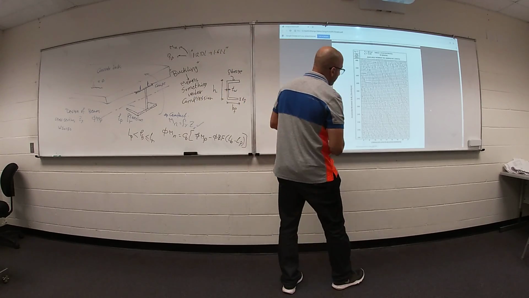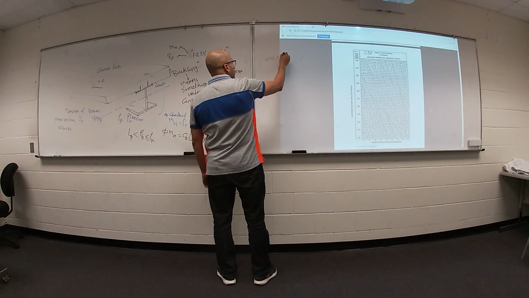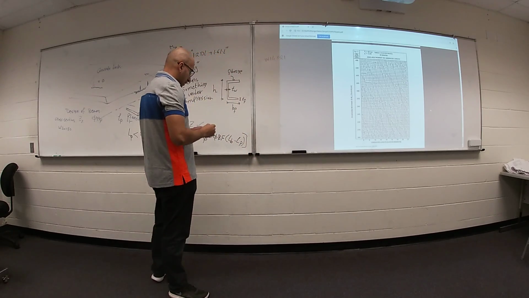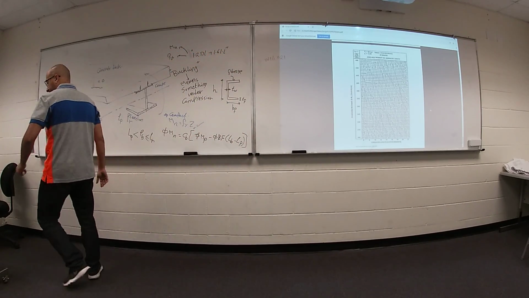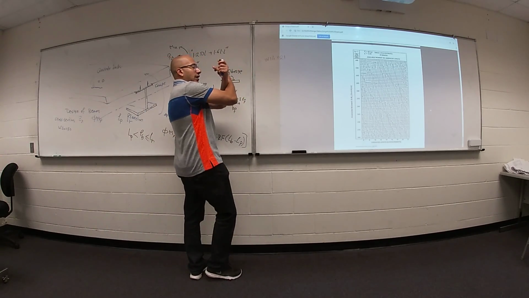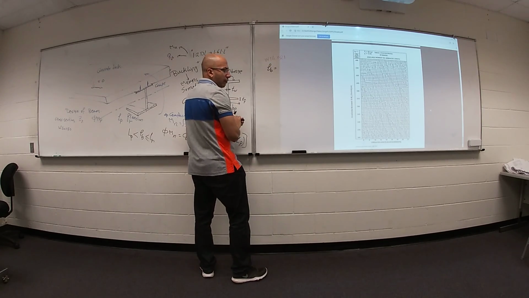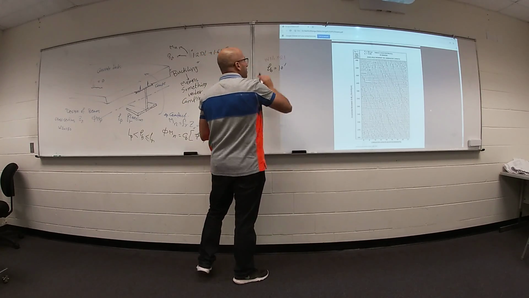Let's see. We have wide 14 times 21 cross section. And this beam has vertical bracing at interval LB equal maybe 10 feet.